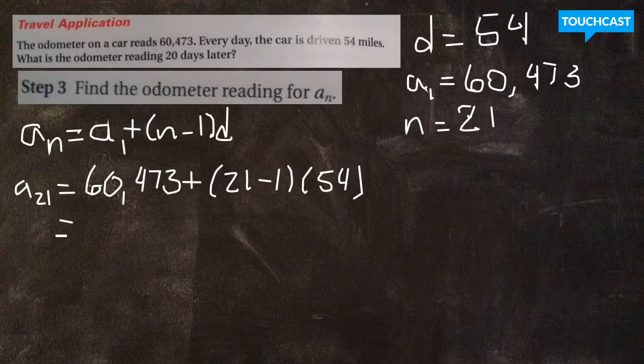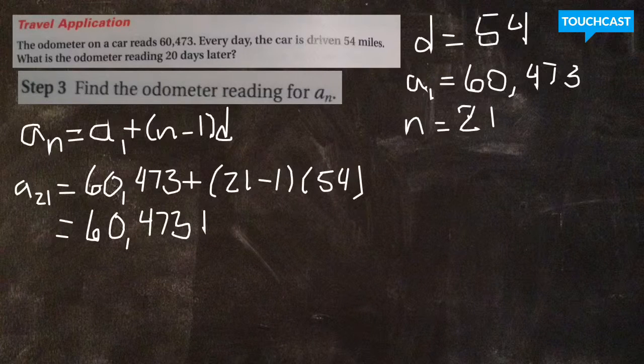Using the order of operations, we're going to start by going 21 minus 1, which is 20. So we've got 60,473 plus 20 times 54.